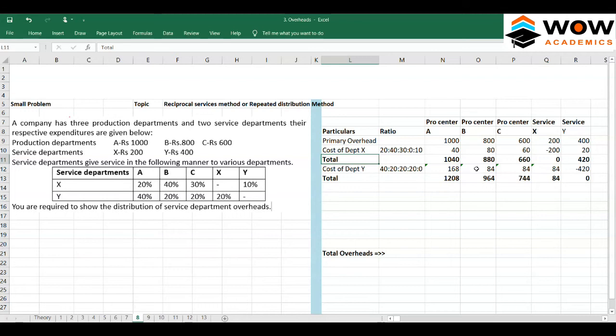so department X is over. So we'll do it at least 2 times more. Okay. So again, we'll take department X and we'll split it. So X is now 84.